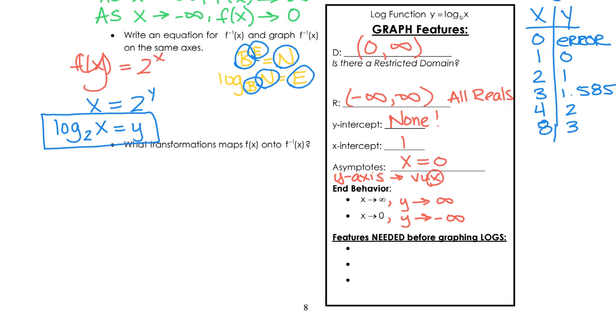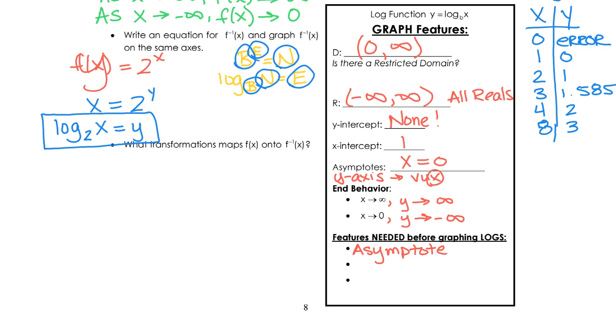All right. Features needed before graphing logs. So you should always acknowledge where your asymptote is, so you don't plot any points on that line or cross over that line. Usually people will graph it with a highlighted line or a dash line, or some people will do a highlighted dash line, doesn't matter.